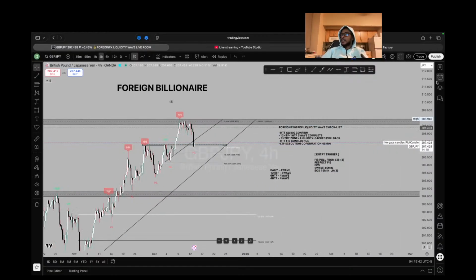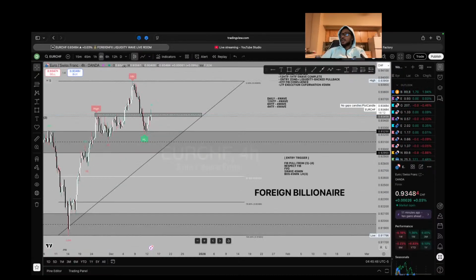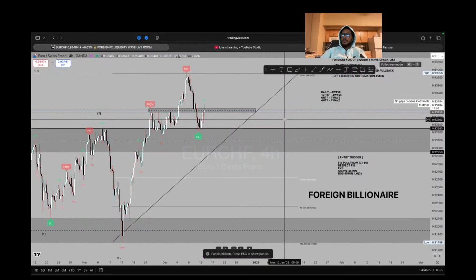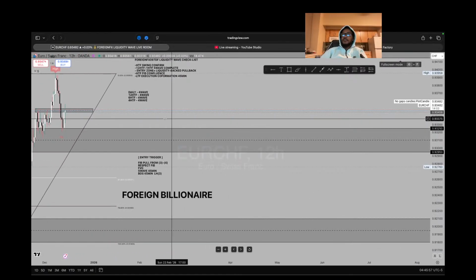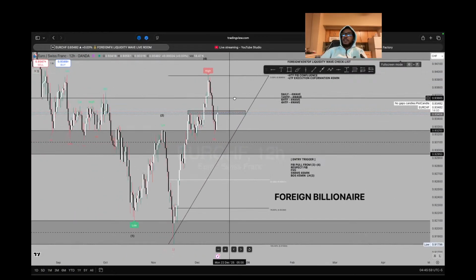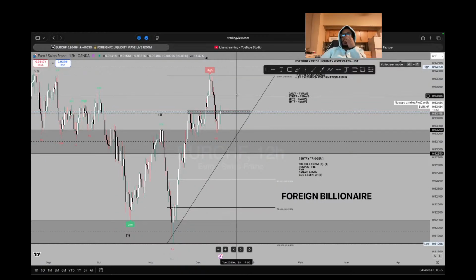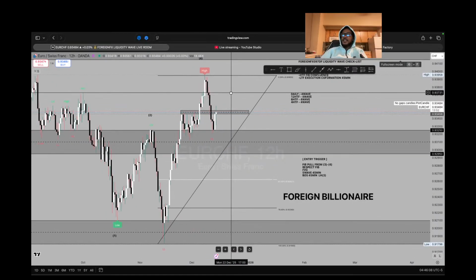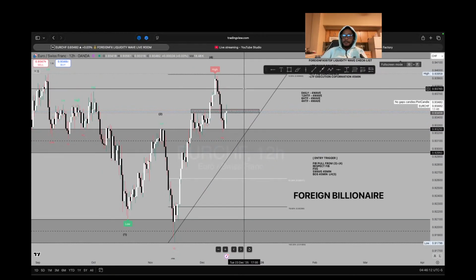So let's fix this. This goes above, so we're going to have it like this. Right now I'm waiting for the new 12-hour and 6-hour time frames to close, so I can have some understanding of where price wants to go from here.